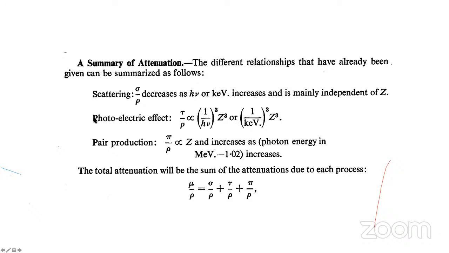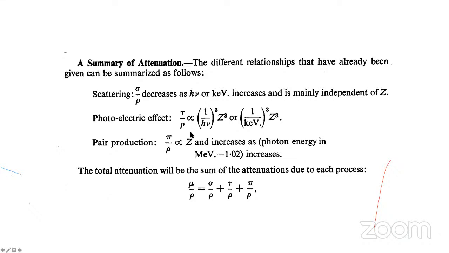The photoelectric effect is inversely proportional to the cube of the energy and directly proportional to the cube of Z, the atomic number of the material. This is how you can write it.